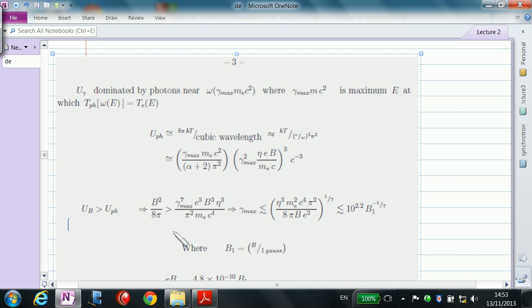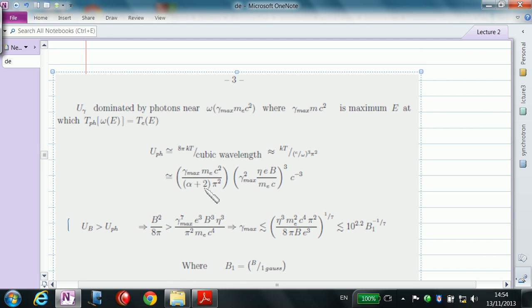And therefore the condition that the magnetic energy be greater than the photon energy is simply B squared over 8 pi be greater than this quantity, which was just this quantity.